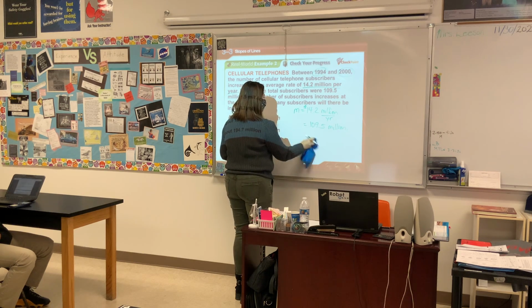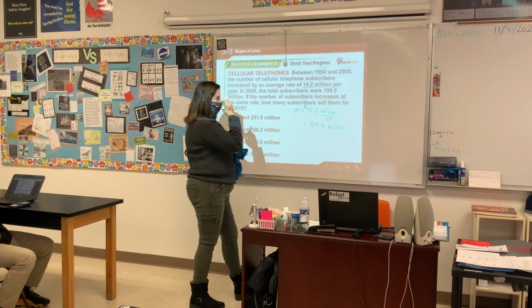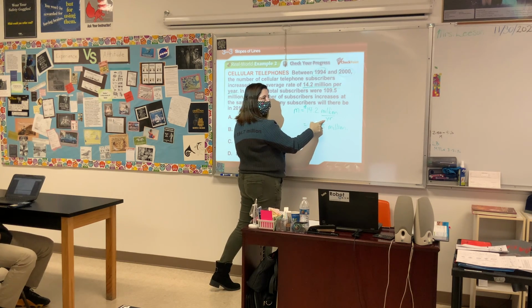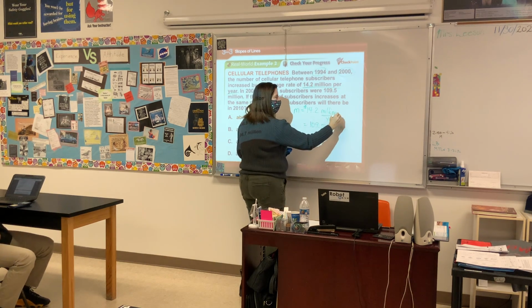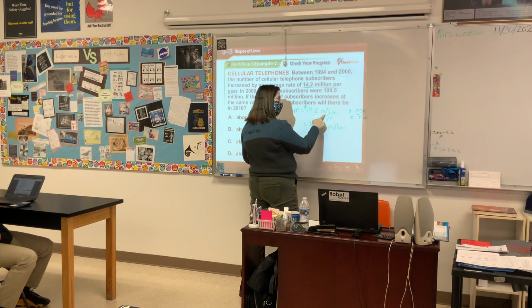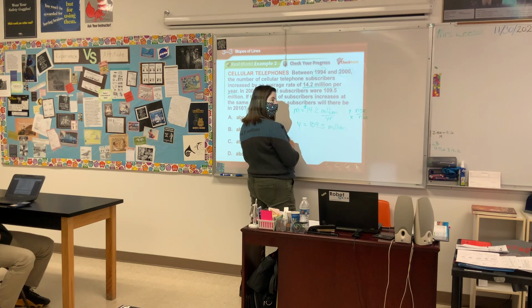You wanna know how I figured that one out? My slope is million per year. Okay, this is rise over run. Rise refers to Y, run refers to X. So if I have million, this is a Y. And we need to know what the new Y is.